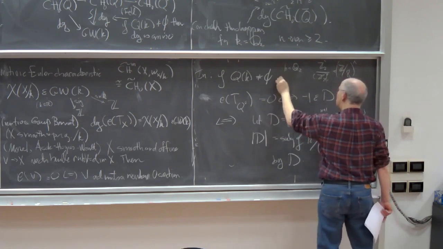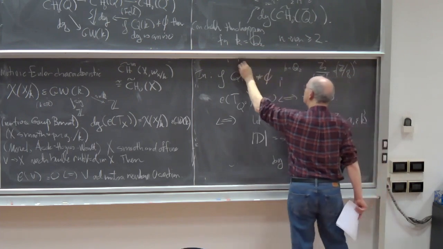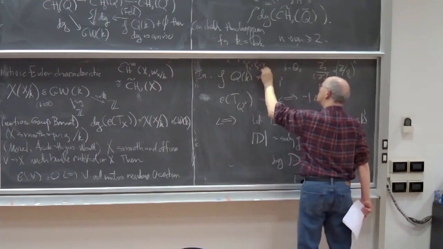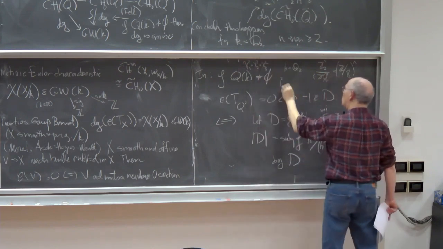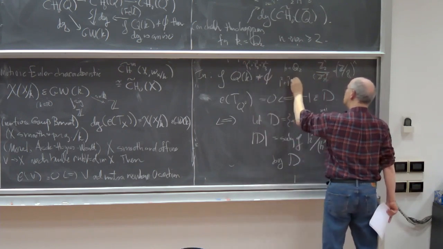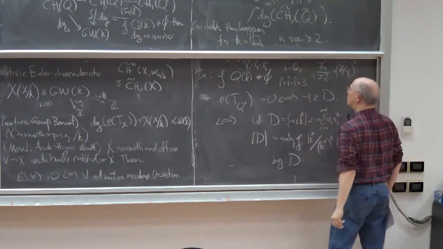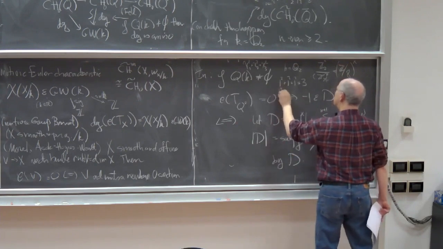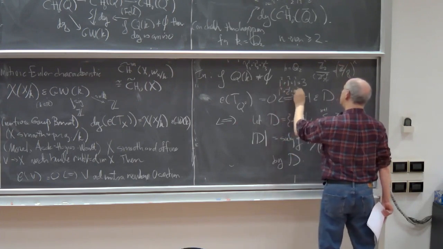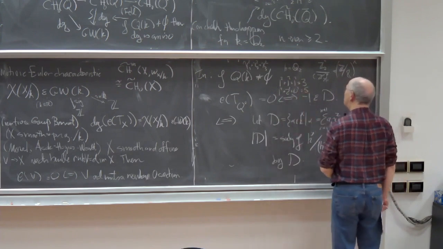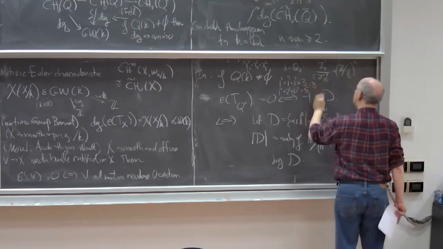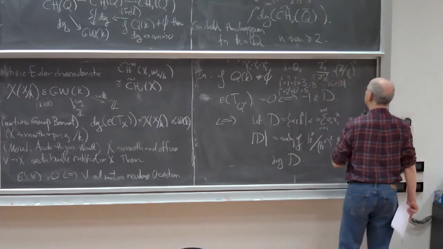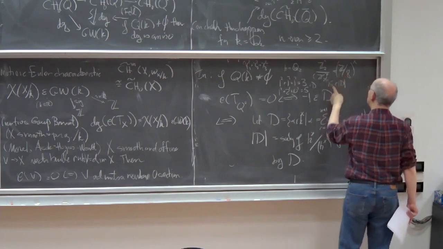If you take 1 squared, we're looking at the quadratic form x1 squared plus x2 squared plus x3 squared. Remember, we want to look at S2. So 1 squared plus 1 squared plus 1 squared is 3, I think. Is that right? And 1 squared plus 2 squared plus 0 squared is 5. So these are both in D, and that means 15 is in this. But 15 modulo 8 is minus 1.